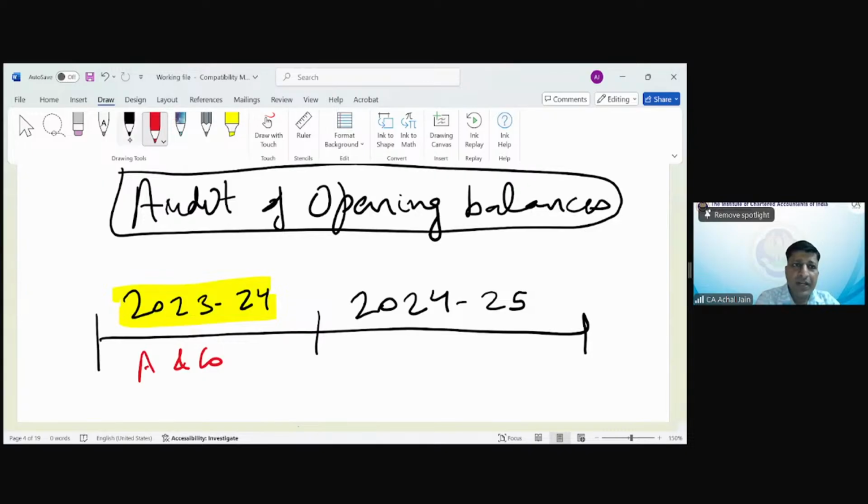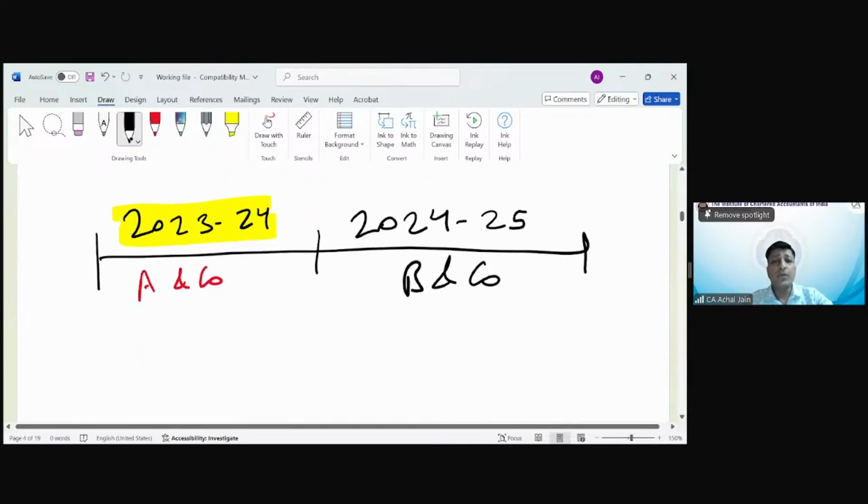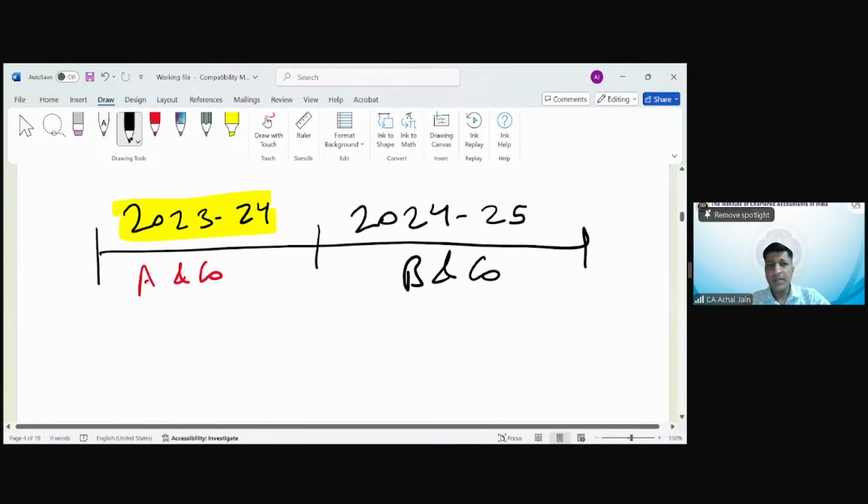All right. So let's look at this example. Let's suppose financial statements for 23-24 were audited by A&E company. And for 24-25, there's a new auditor, B&E company. Now, financial statements of 23-24 are audited. It's not that they are not audited, they are audited.